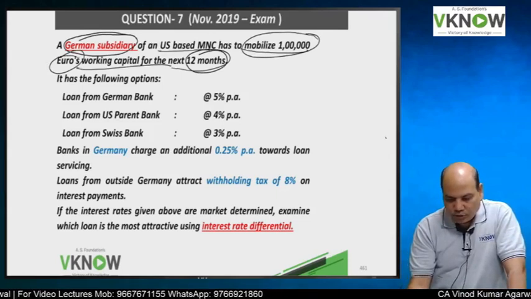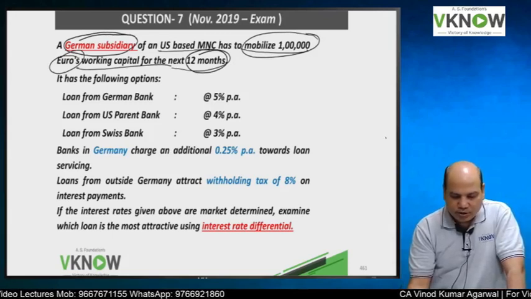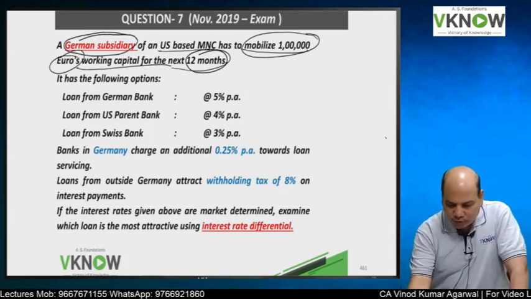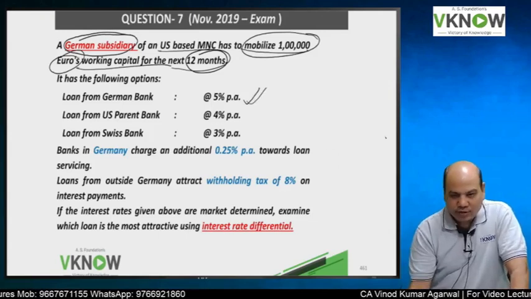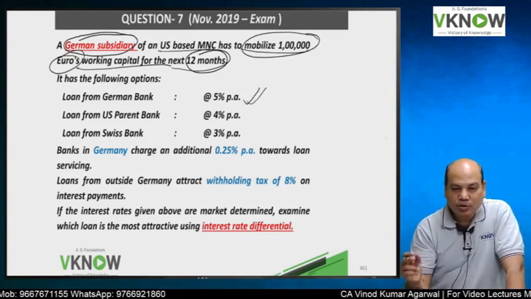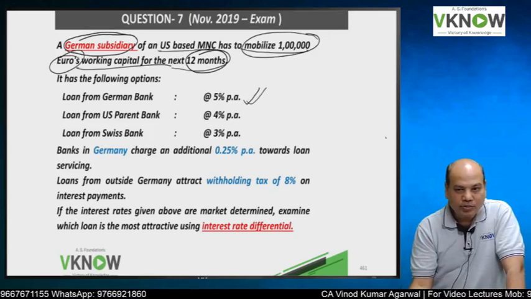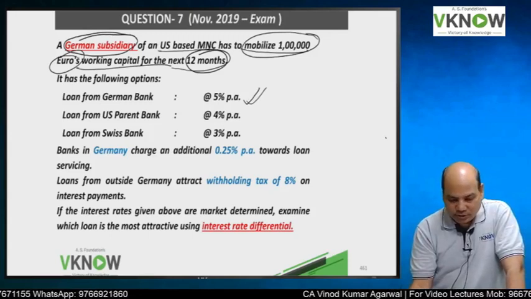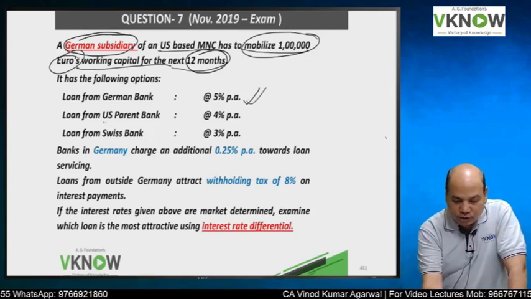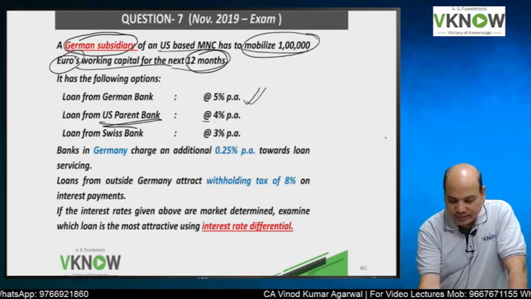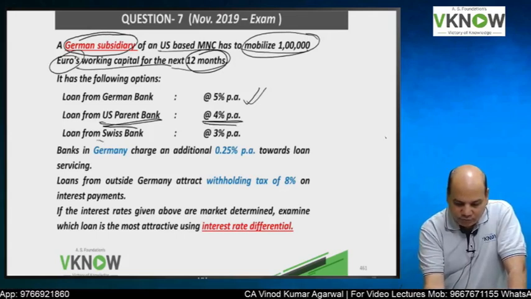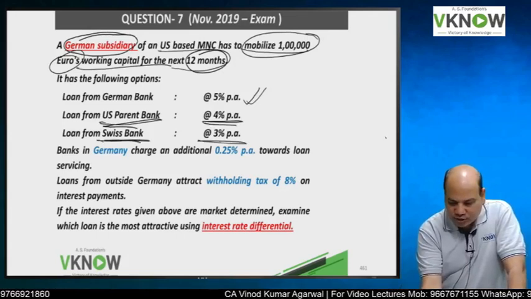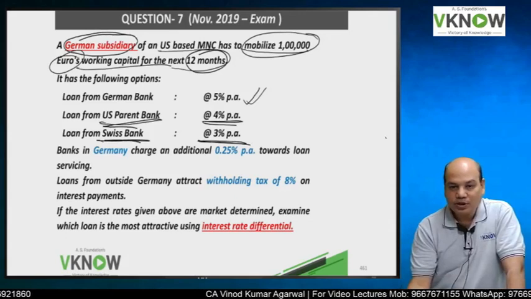It has the following options: loan from a German bank at 5% per annum. So if you borrow in your own country, how much do you have to pay? 5%. If you borrow in USA, 4%. If you borrow in Switzerland, you will have to pay 3%.